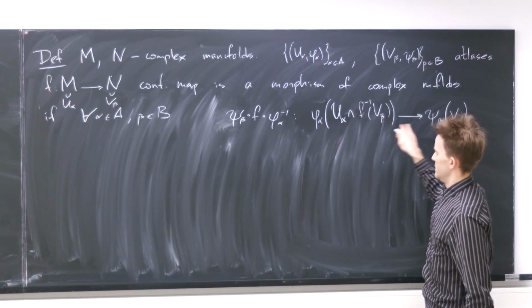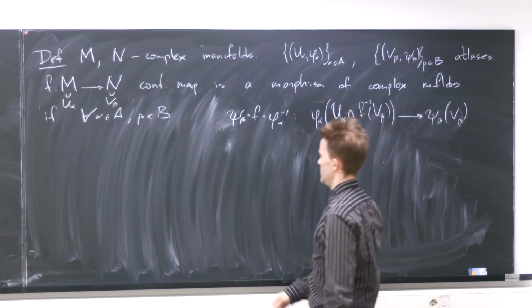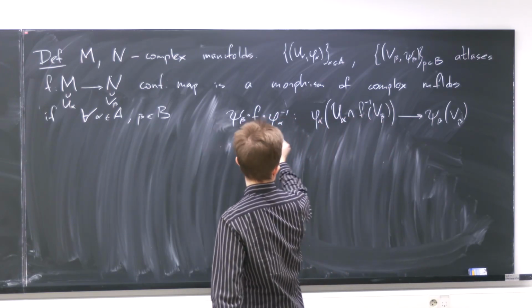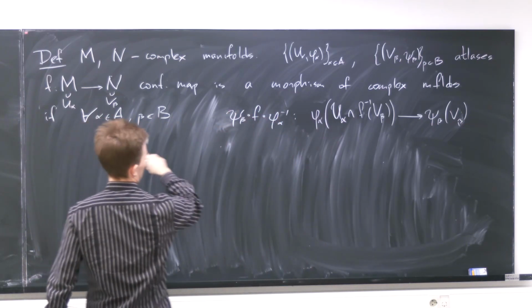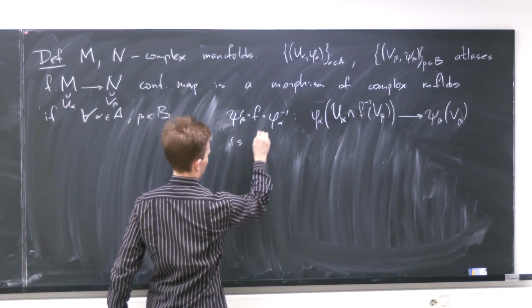So anyway, that's a map from one open subset of Cm to some other open subset of Cn, and the condition is that this map is holomorphic.